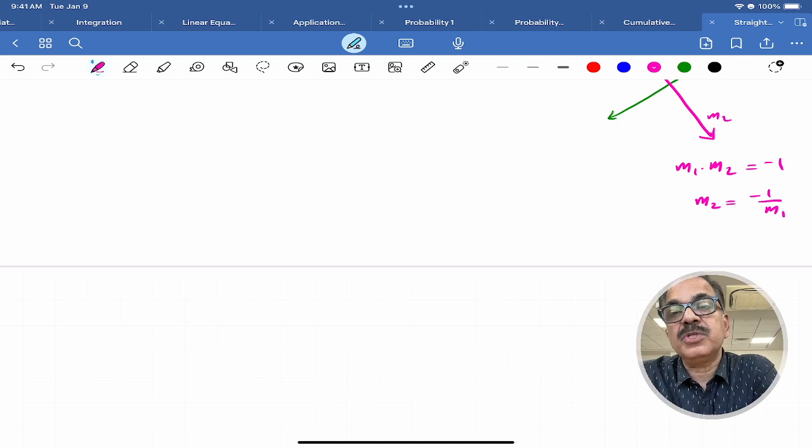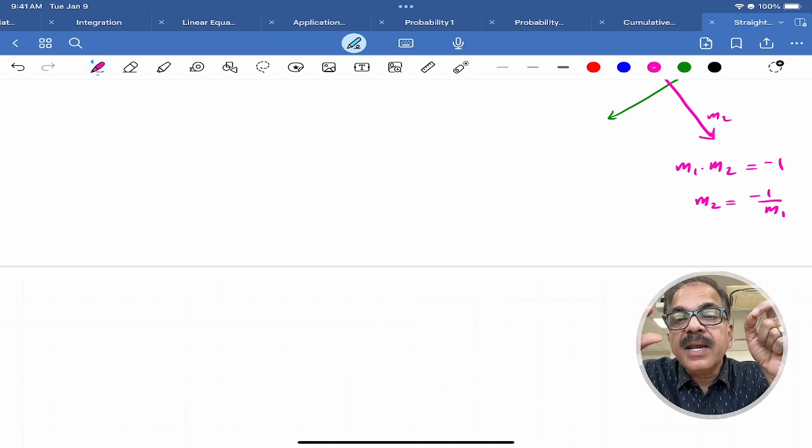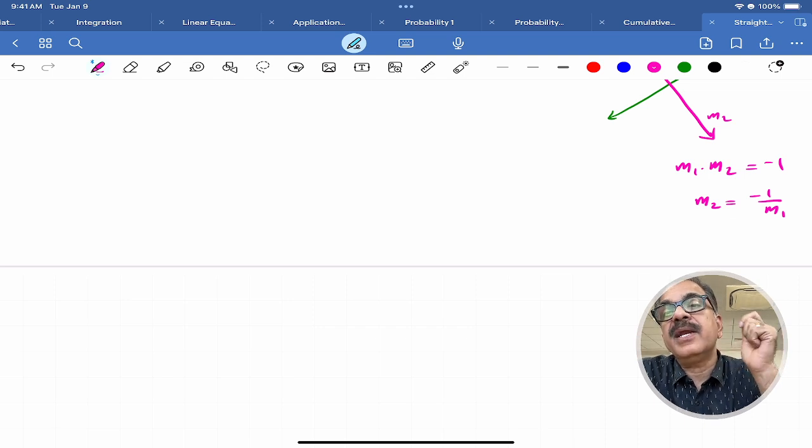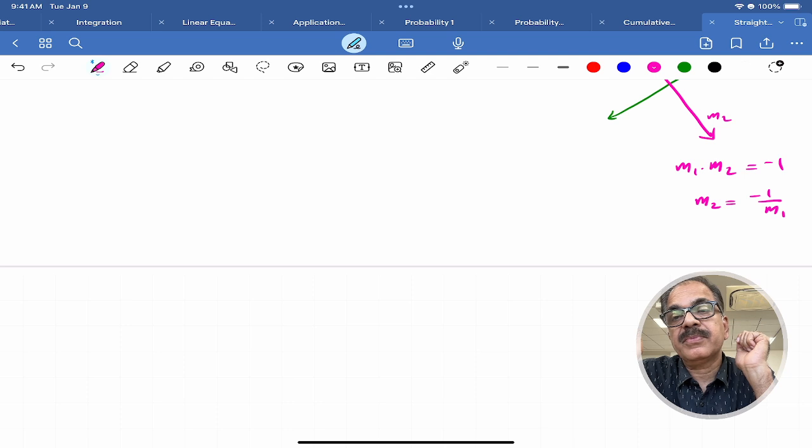Because m1 times m2 is minus 1, I can divide both sides by m1, so I get m2 is equal to negative 1 by m1. Or in other words, the gradient of one of the lines will be the negative reciprocal. You have a negative sign on the right side, and instead of m1, it is 1 by m1. So the gradient of one of the lines will be the negative reciprocal of the gradient of the other. So that's how we calculate it.